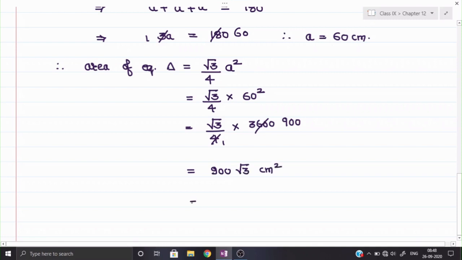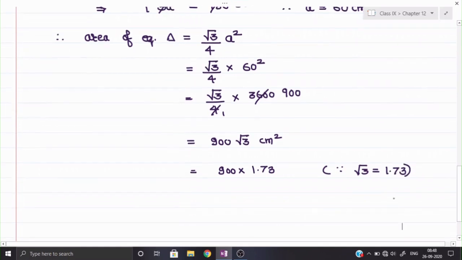Now if I required to find out the answer in decimal, I will put up the value of root of 3. So that I will say, wait a minute, yes, that I will say as 900 will be as it is into root of 3, I can put up 1.73. So here I will say root of 3 is equal to 1.73.